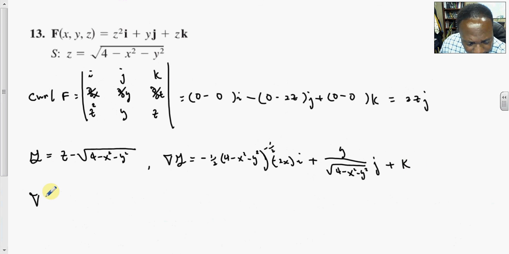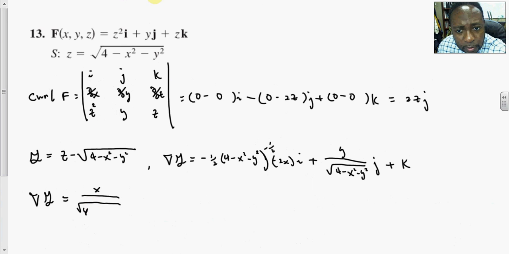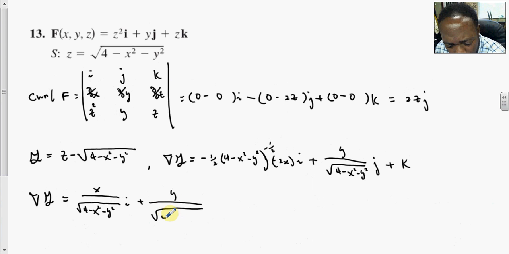We clean that up. This is the gradient of g is x over the square root of 4 minus x squared minus y squared i plus y all over the square root of 4 minus x squared minus y squared j, and then plus k.